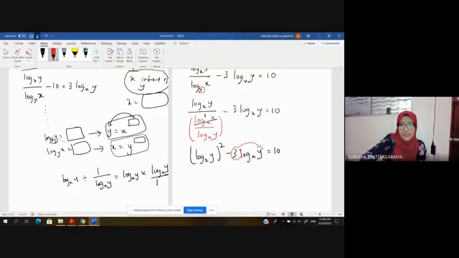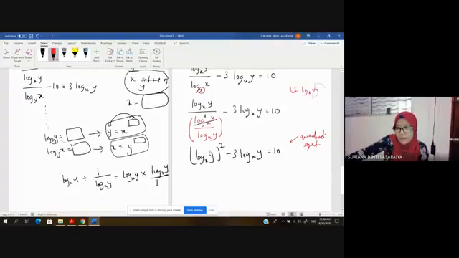Boleh so far? Okay, so now maksudnya sekarang ni bila kamu tengok bentuk dia ni kan, yang ini sama, yang ini pun sama. And then you have square, and then you have one term here, and then you have unknown. This is actually you can form a quadratic equation, betul? Boleh kamu nampak? Katalah I let log xy become M. So I will have M square minus 3M equals to 10.